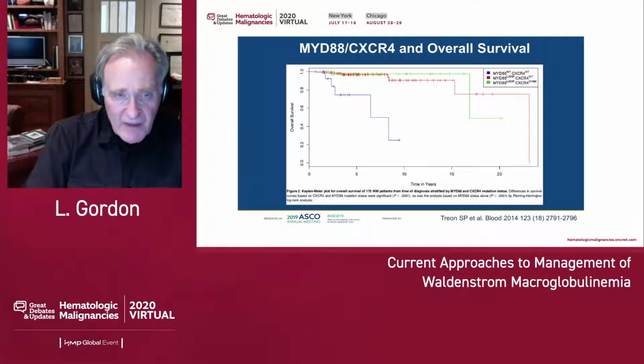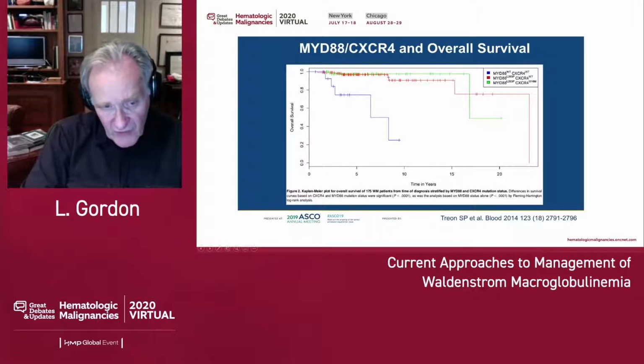And if you look at the importance of MYD88 and CXCR4 and overall survival, Steve Treon presented this in Blood in 2014. What you can see is those patients with wild-type MYD88 and wild-type CXCR4 have a worse outcome.